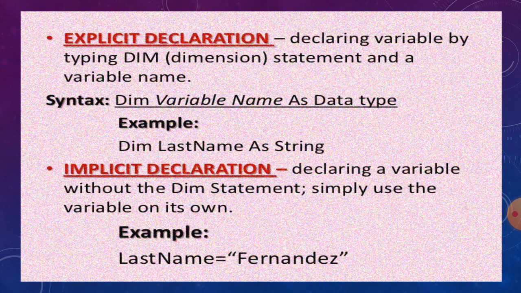So a single quote symbolizes storing a single character, and double quotes symbolize storing strings. In explicit declaration, we must give the Dim statement along with the data type, whereas in implicit declaration there is no need to give the data type, and we can directly store the value. That is the difference between explicit and implicit declaration.